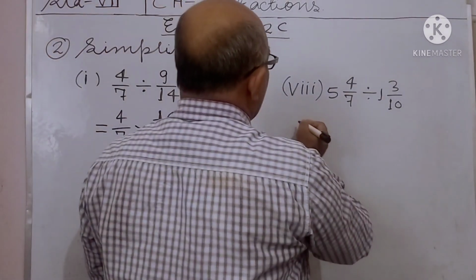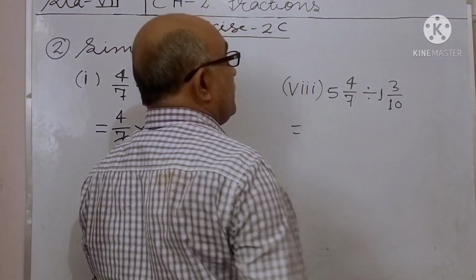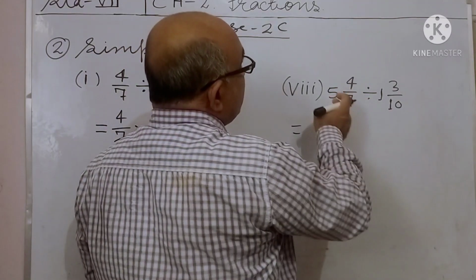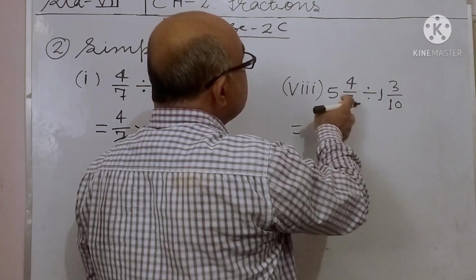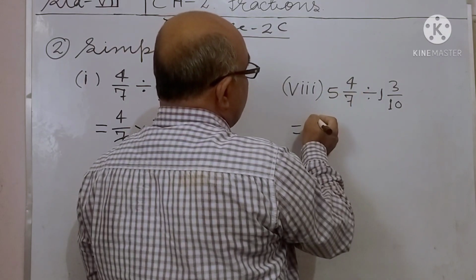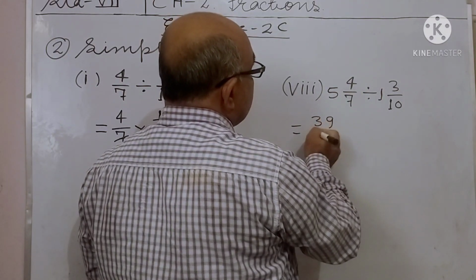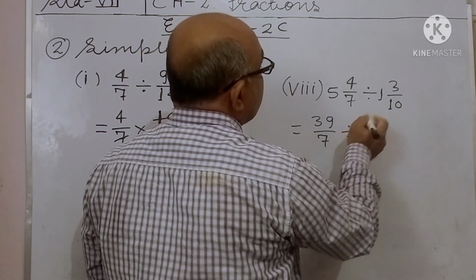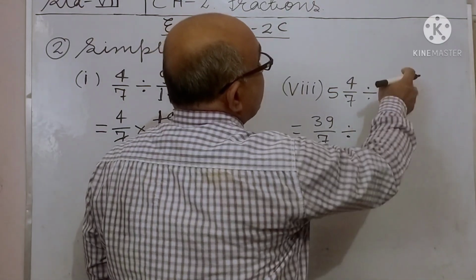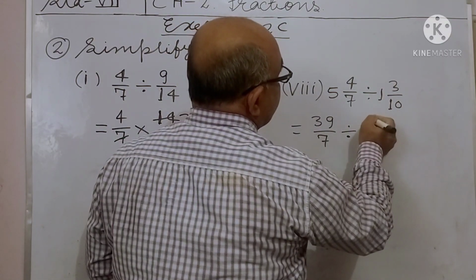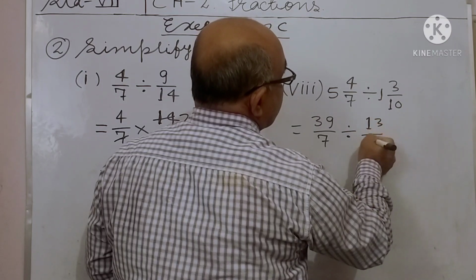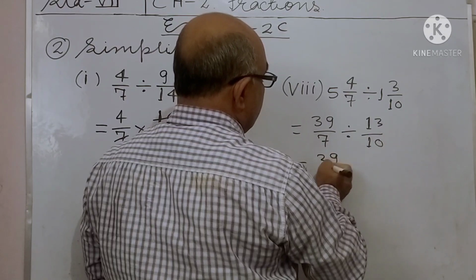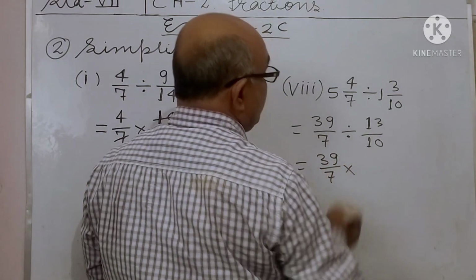Question number 8 is here. 5 whole 4 by 7 divided by 1 whole 3 by 10. Break the integers. 5 times 7 is 35, plus 4 is 39 by 7, divided by 1 times 10 is 10, plus 3 is 13 by 10. Next step. 39 by 7, divide changes into multiply.